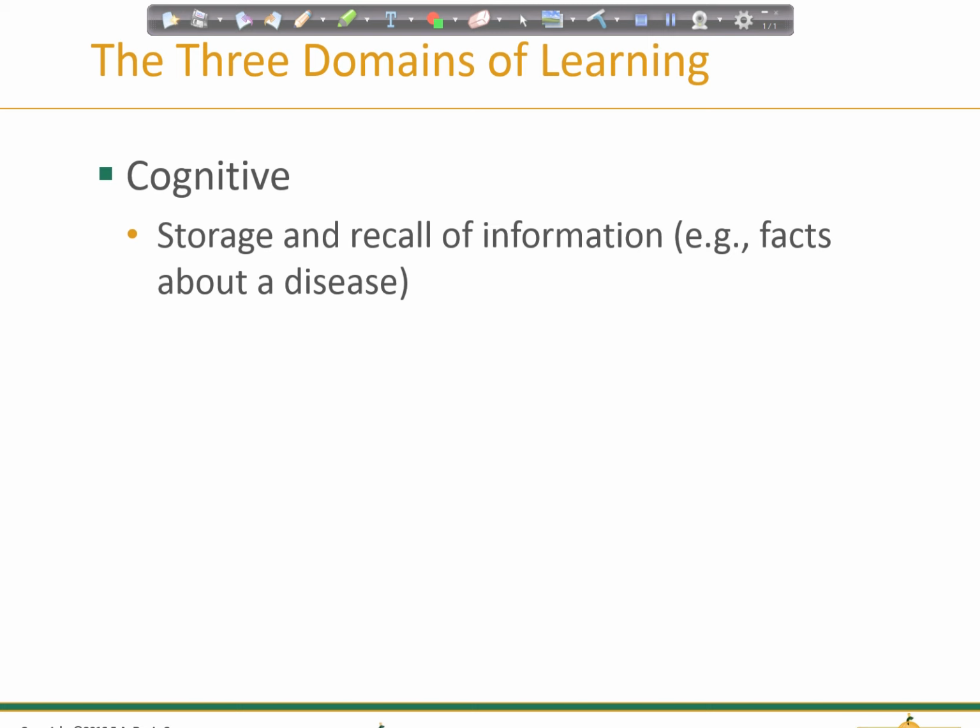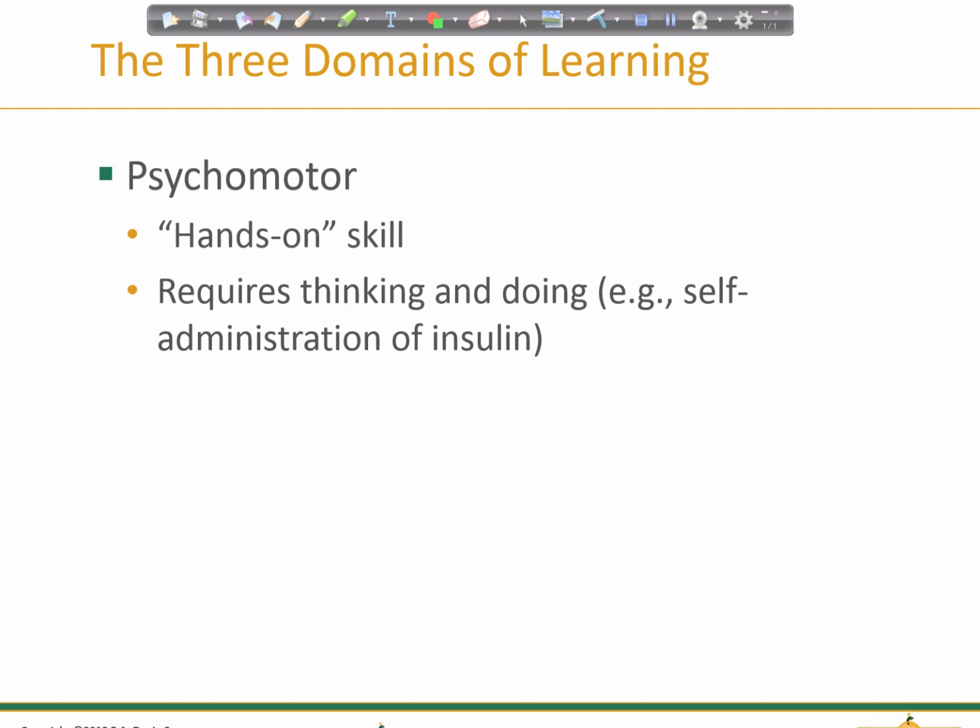Strategies and tools to support teaching in cognitive type content include lectures, reading material, panel discussions, AV material, programmed instruction, computer assistant instruction. So all these different things that we're working with you all, case studies, care plans, those are all ways of learning. So psychomotor are those hands-on skills. So these skills require mental and physical activity.